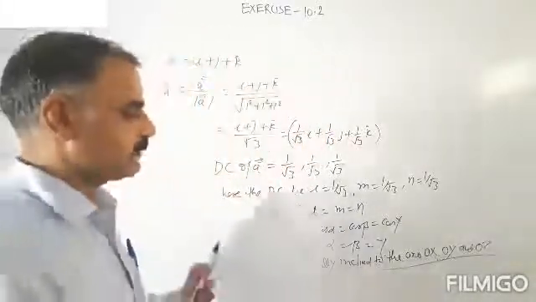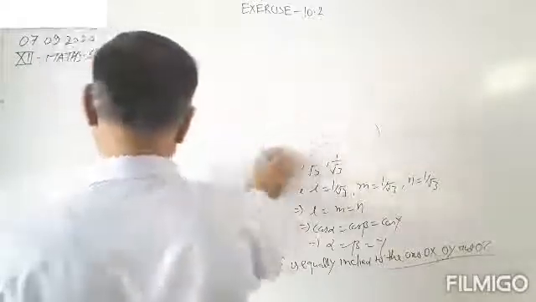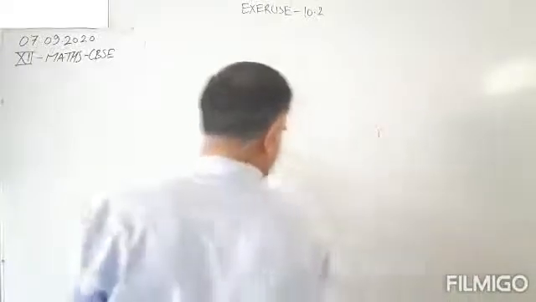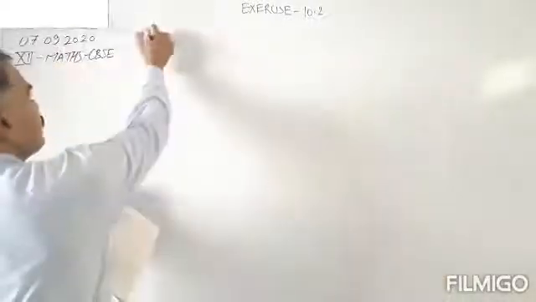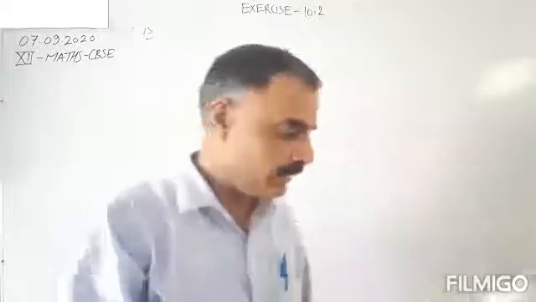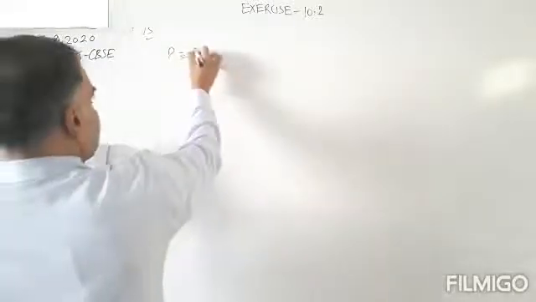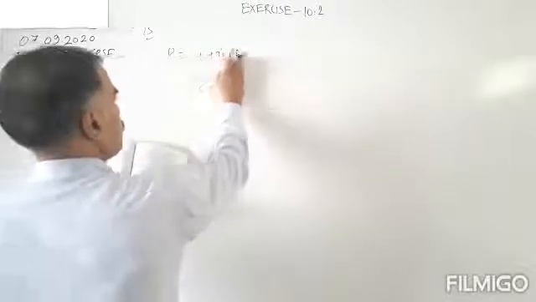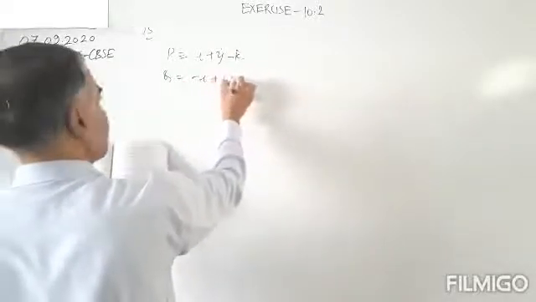Now let us have question number 15. Question number 15 is: find the position vector of a point R which divides the line joining two points P and Q, where P is i cap plus 2j cap minus k cap and Q is given as -i cap plus j cap plus k cap.